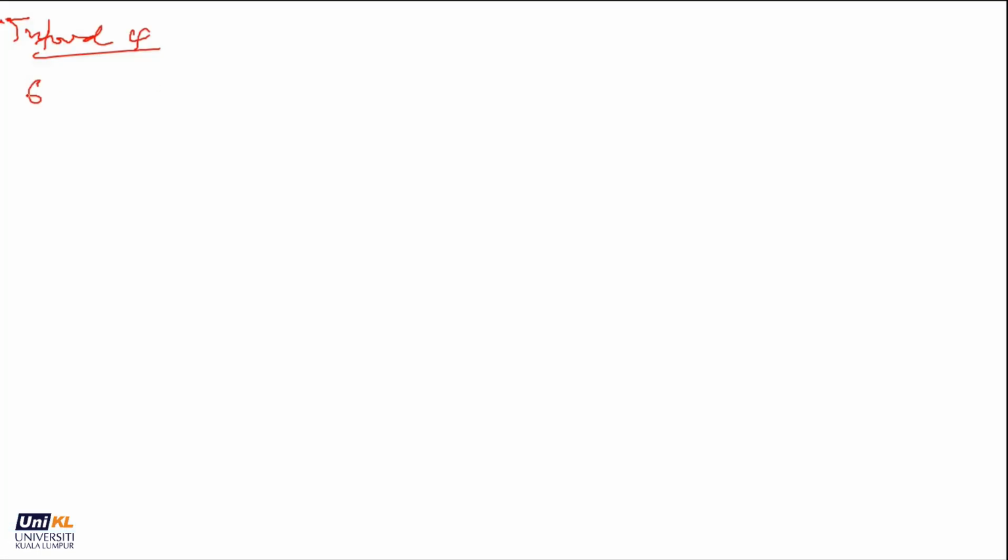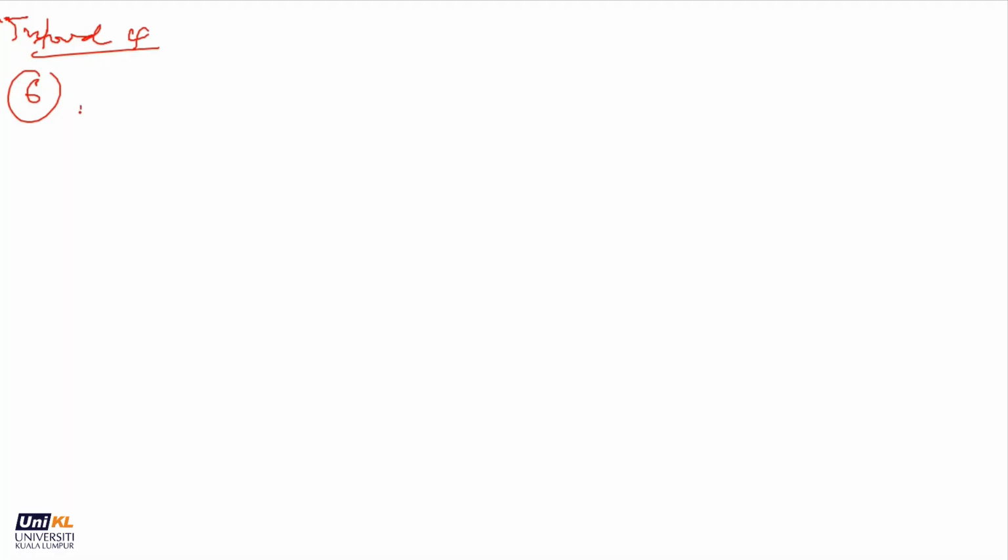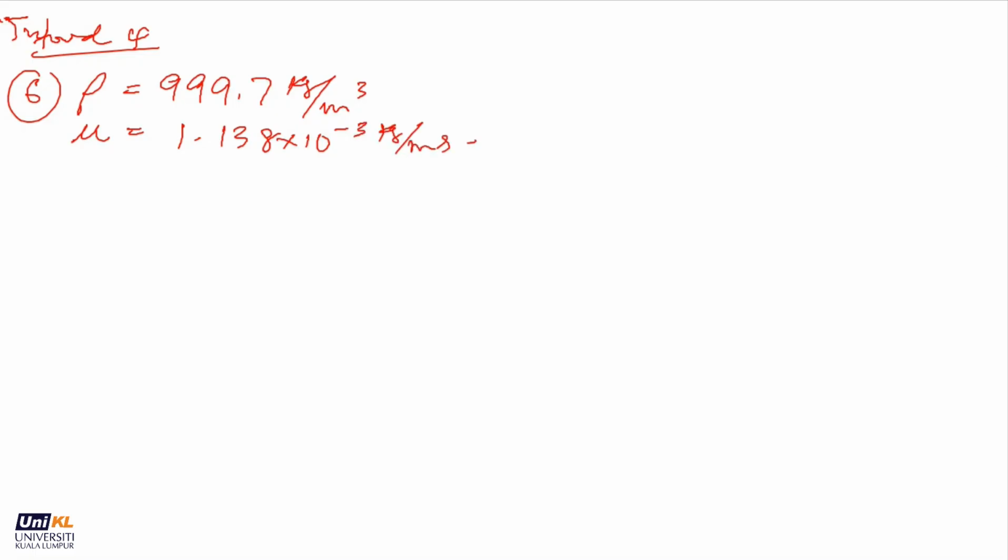So now number 6, water at 15 degrees Celsius with density 999.7, viscosity in kilogram per meter second, is flowing steadily in a 30 meter long pipe, diameter 4 cm, stainless steel.